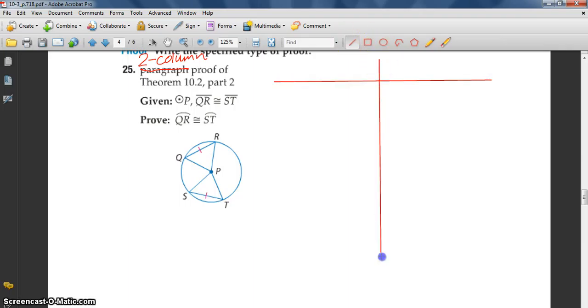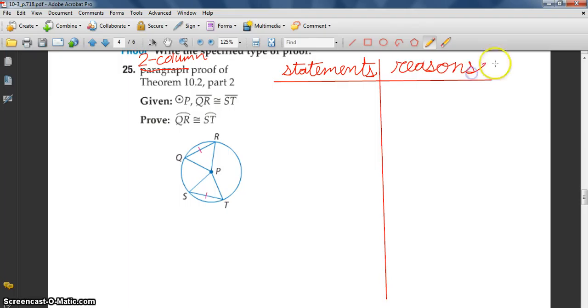So as we always do with the 2-column proof, on one side we have statements, and the other side reasons. Number 1, let's go ahead and state just the fact that this is a circle, that we are given a circle.